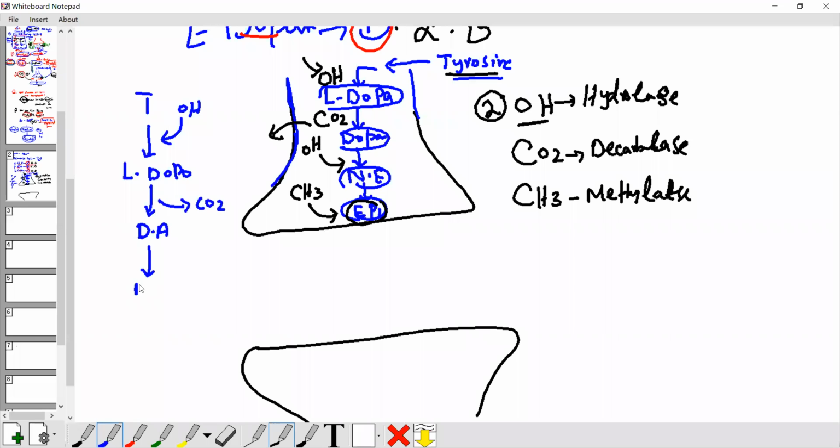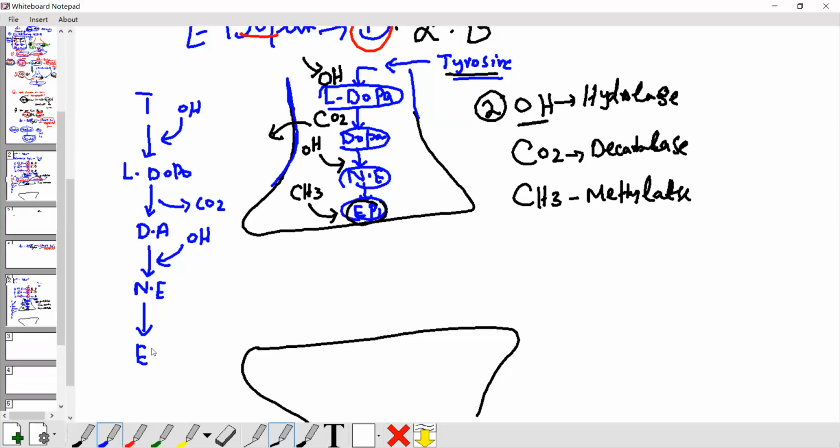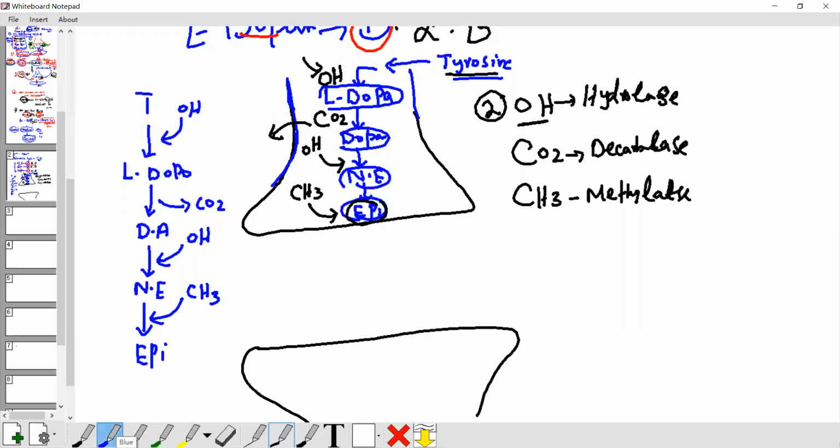Dopamine changes to norepinephrine. How? Add what? OH. Clear? Next. Norepinephrine changes to epinephrine. How? Add what? CH3. Clear?